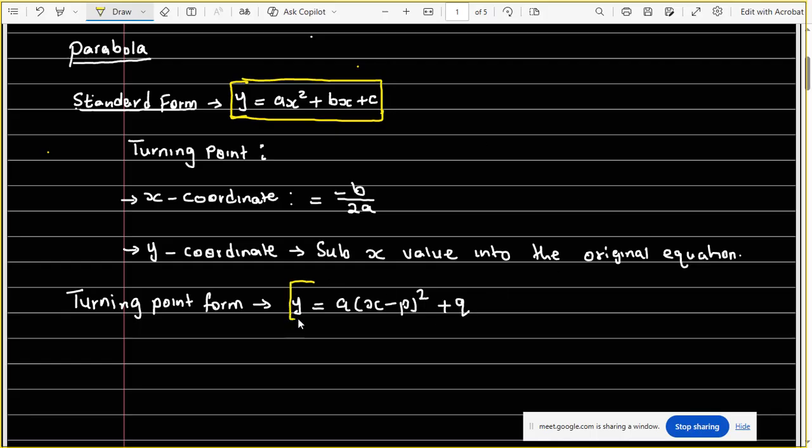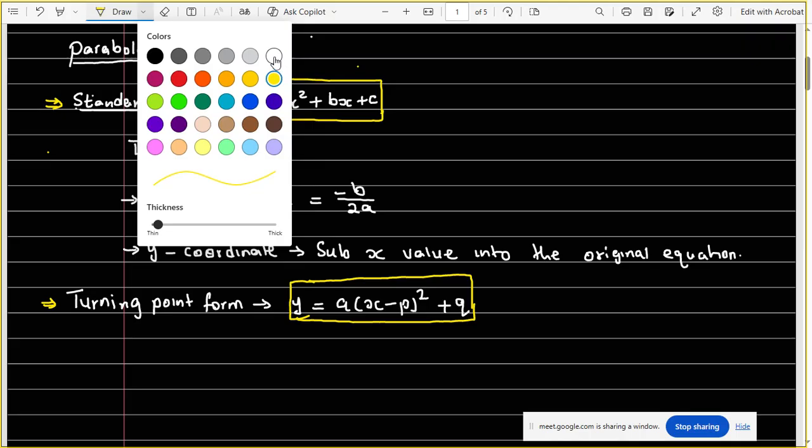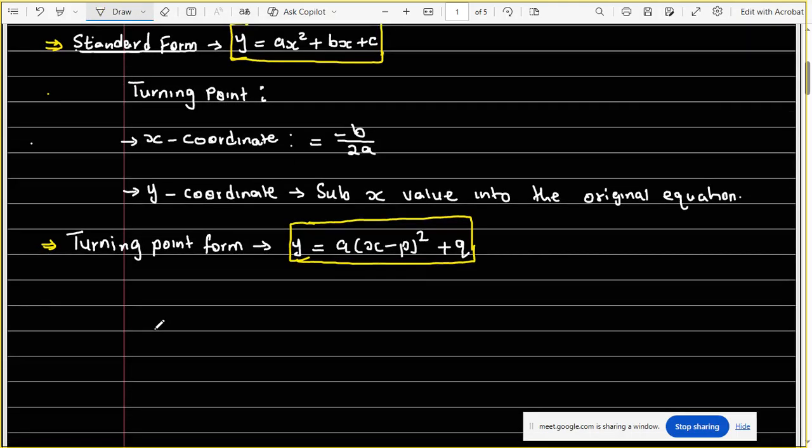Yes, I did. So for you to master quadratic equations, you need to understand when the graph is given in the standard form and also when the graph is given in the turning point form. So when it's given in this way, it's going to be easy for you to find the turning point.